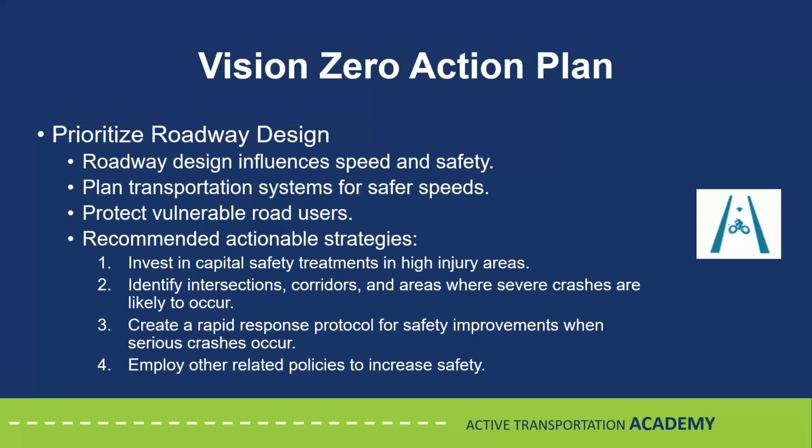This includes a rapid on-the-ground assessment of the crash scene and immediate implementation of short-term or pilot interventions. And don't underestimate employing policies, including complete streets and transit first in all projects to increase safety for all modes and to boost the number of trips by walking, bicycling, scootering, transit. Remember, more people moving by these modes and fewer moving in motor vehicles are going to boost safety in the entire system.